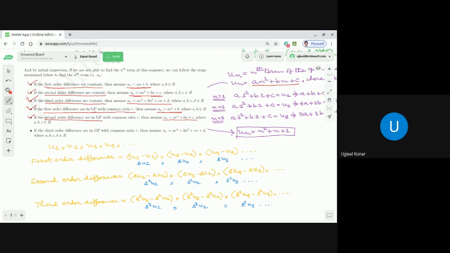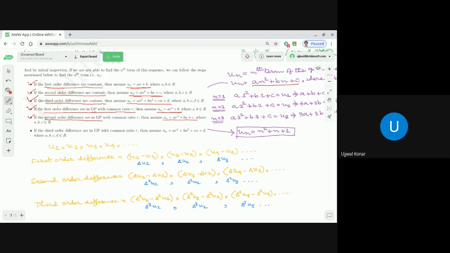And un is a r power n plus b, that is for when the first order difference is in GP with common ratio r. Got it now? So then we will assume un equal to a r power n plus bn plus c. Now if the second order difference is also not in GP, then you will find the third order differences.